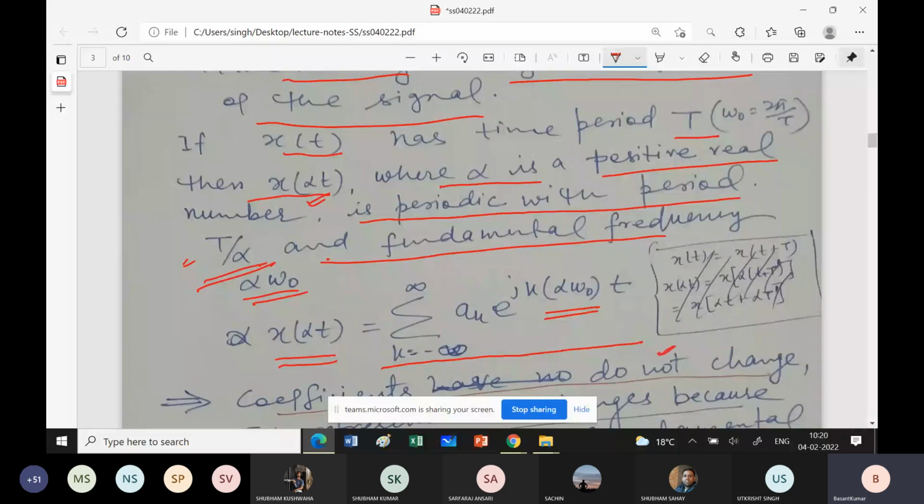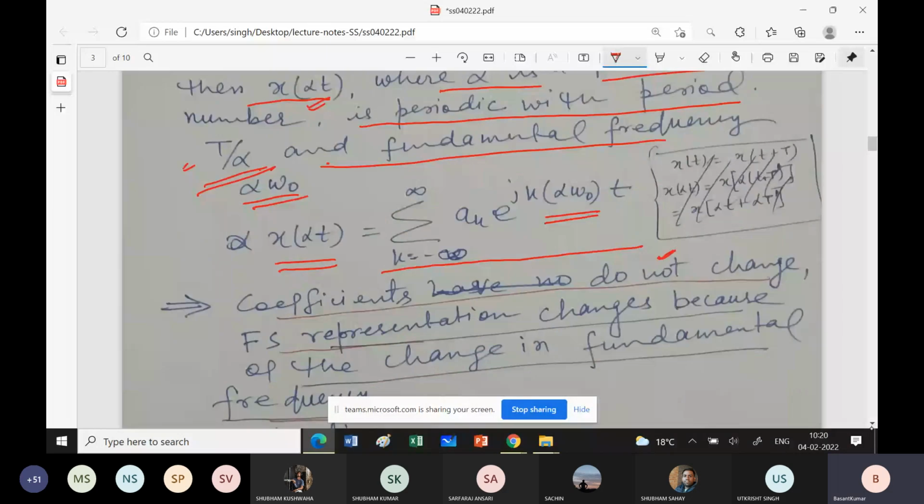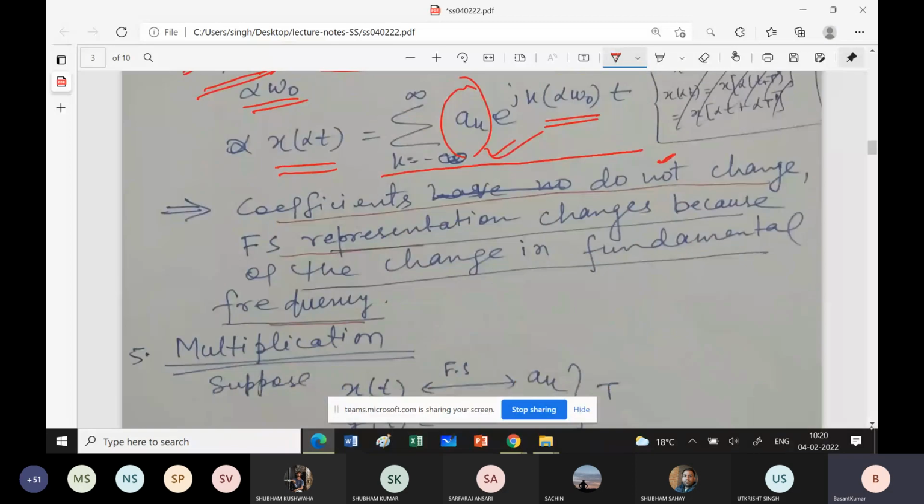So the fundamental frequency is changing, but what you are observing is that the coefficient is still the same. So the coefficients do not change, and the Fourier series representation changes because of the change in the fundamental frequency. So you can observe this.